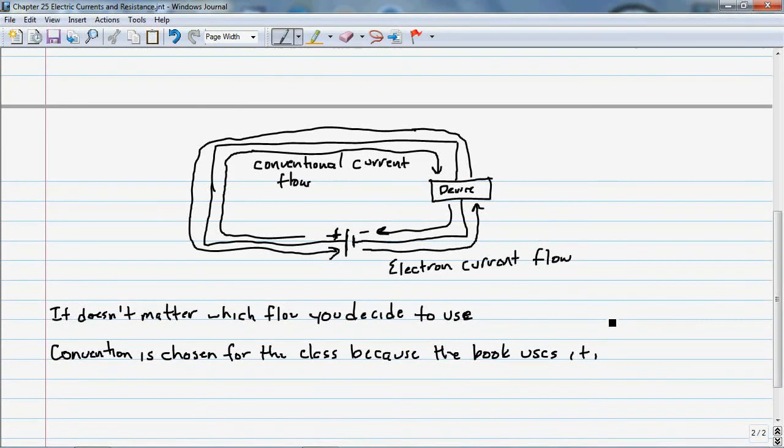Later, as electronics technicians started to come into the workforce, they were looked down upon by the engineers because they were not as educated. And so the electronics technicians used the electron flow because that was the new understanding.